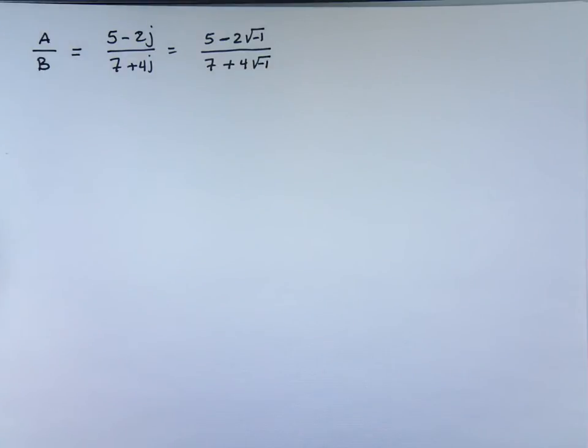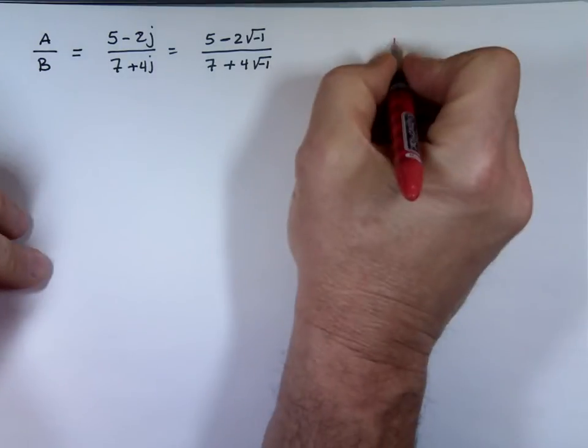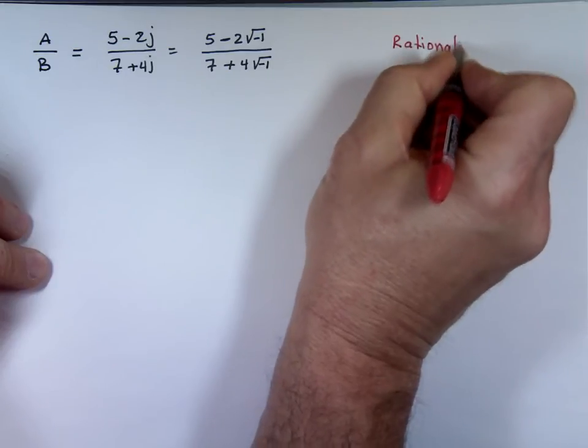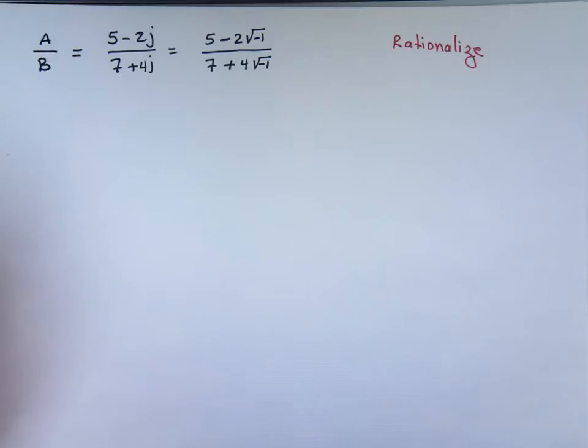In math and algebra, the only way to divide them is to rationalize the denominator.